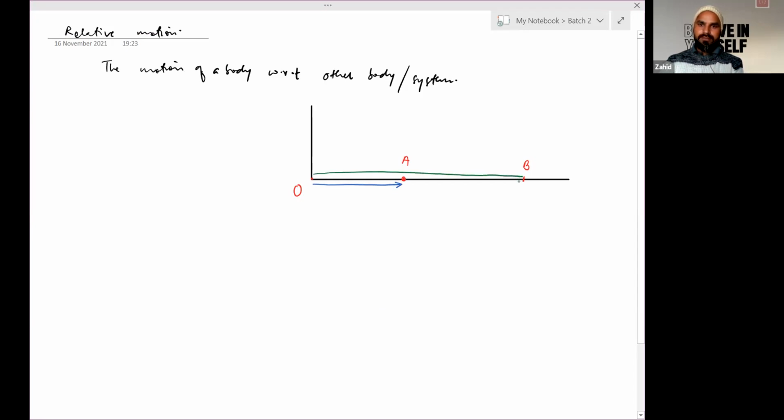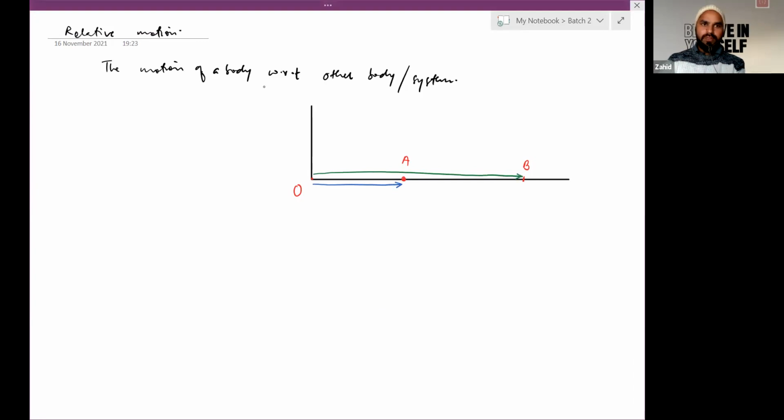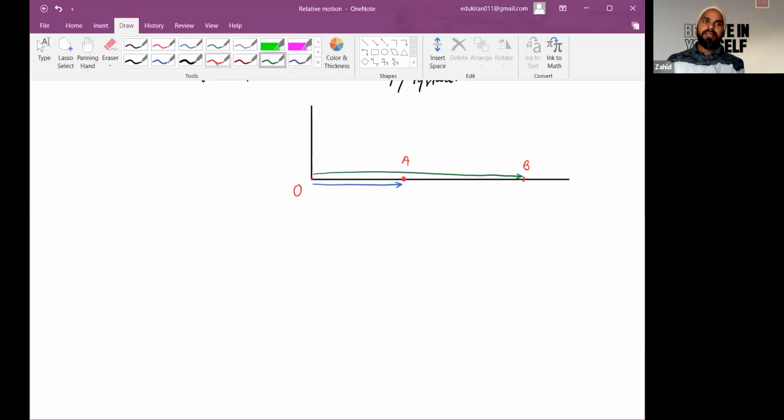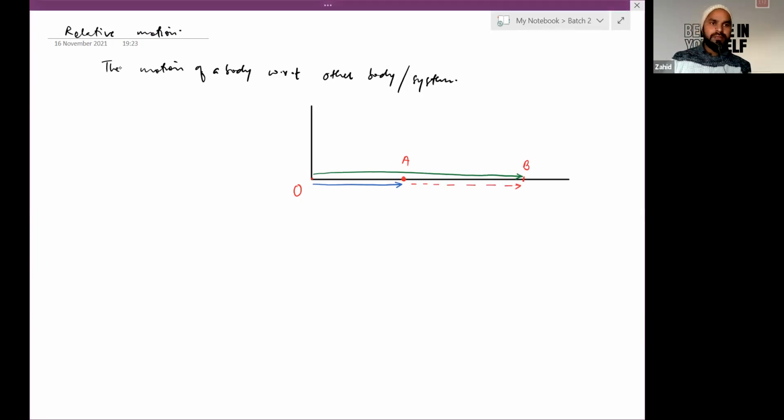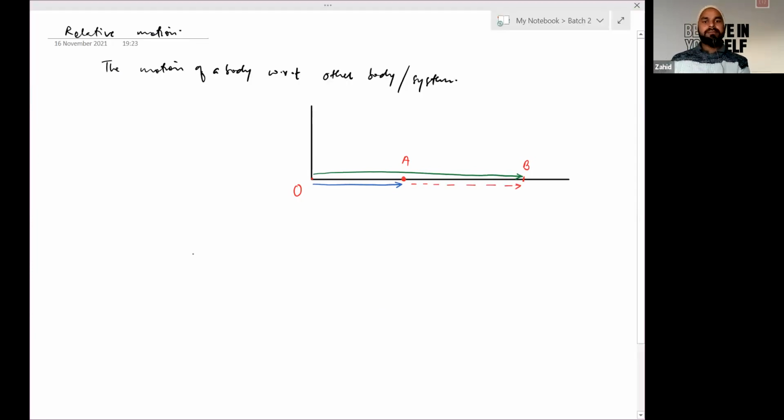And now we have to relate A and B, only from this point to this point. So I'm defining how to relate them. First, for O to A, the displacement from O to A will be vector OA.